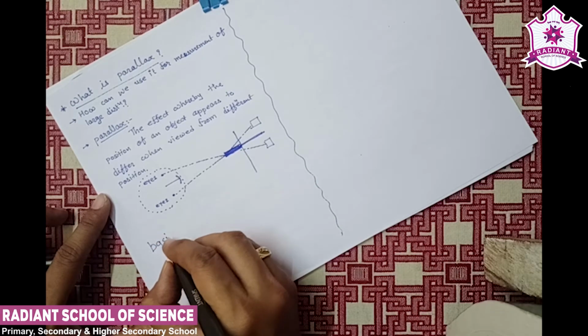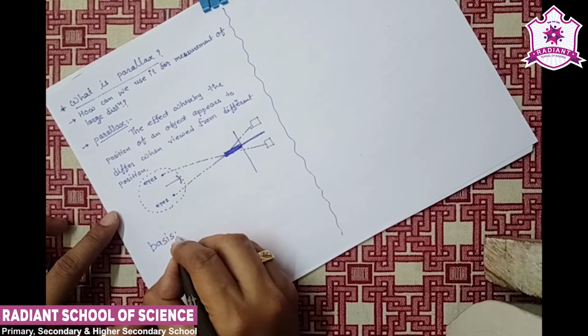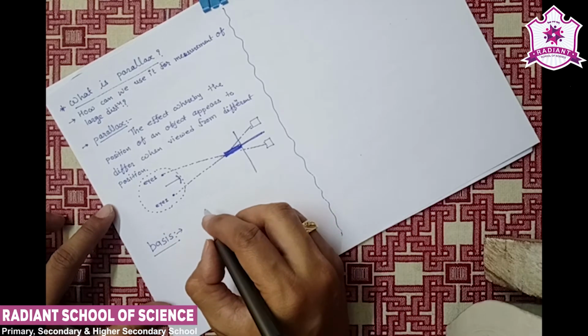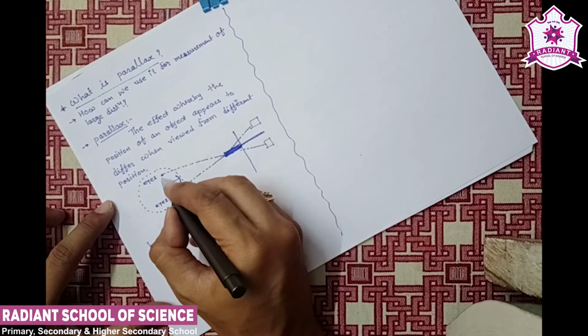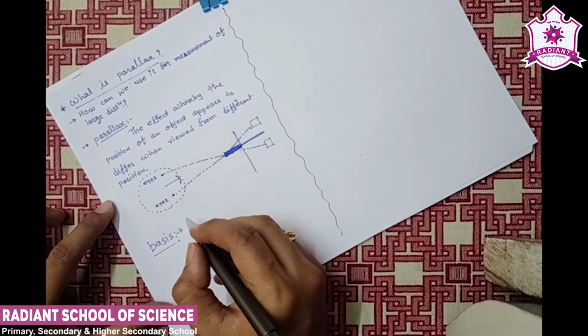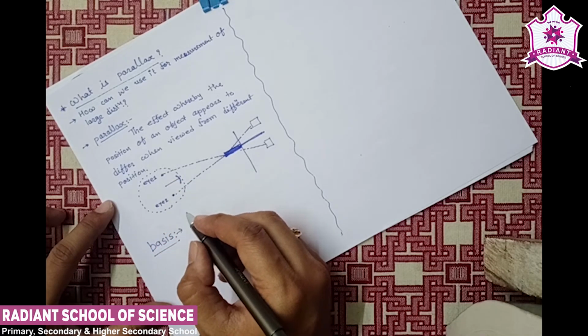So what is basis? ये basis क्या होता है? So यहाँ पे याद रखना है कि जैसे आगे के क्वेश्चन में हमने, the distance between two viewpoints is generally called the basis.